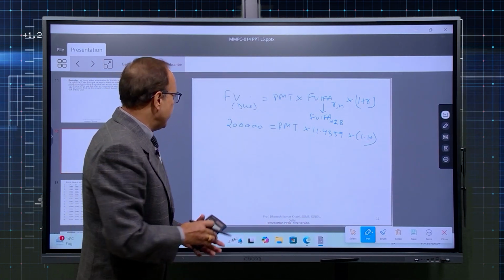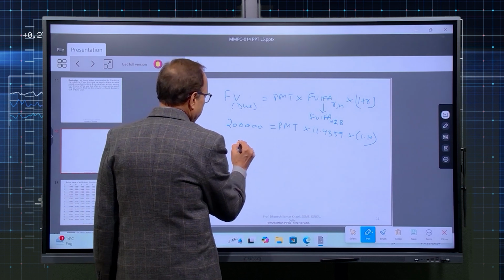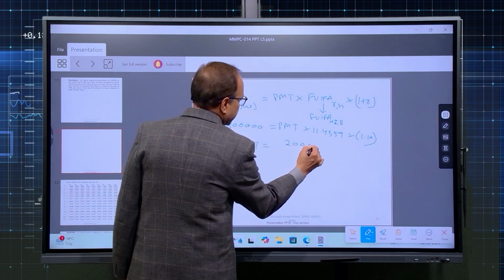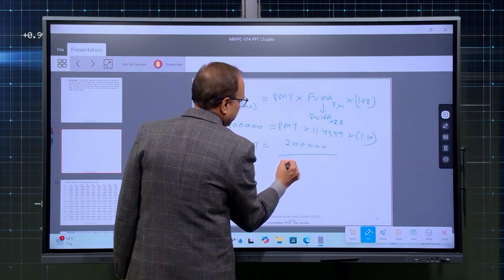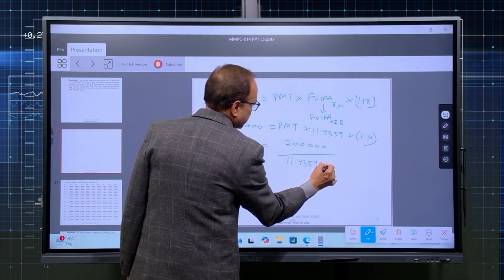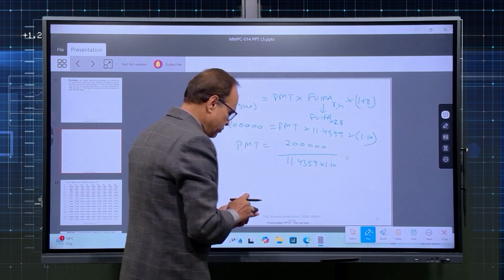So, now what do we get? It means PMT is equal to 2 lakh divided by 11.4359 times 1.10. So, we will get the answer.